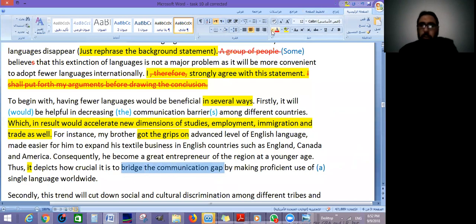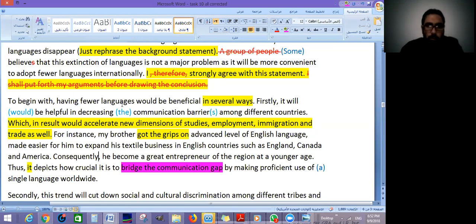Okay, so here we're bridging the gap. So here we're using some kind of, let's keep it pink, yeah. By making proficient use of a single language worldwide. So this is an example of how having fewer languages, maybe like the English language, could help with that.